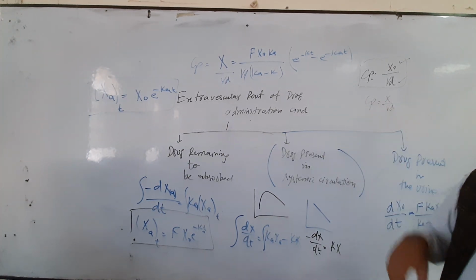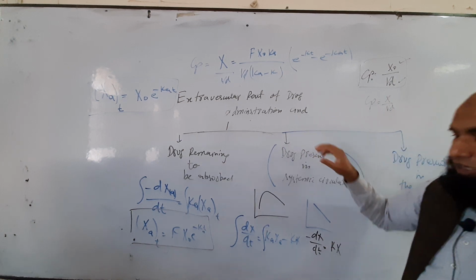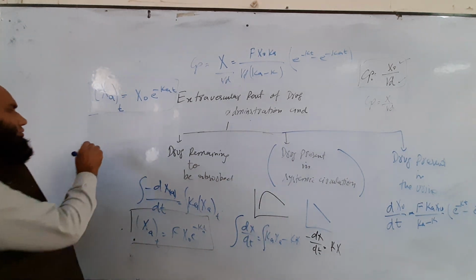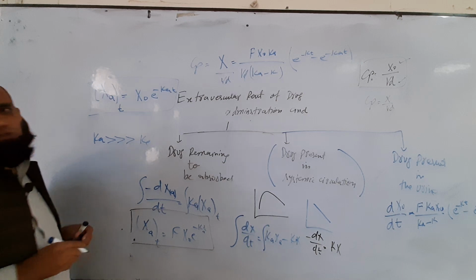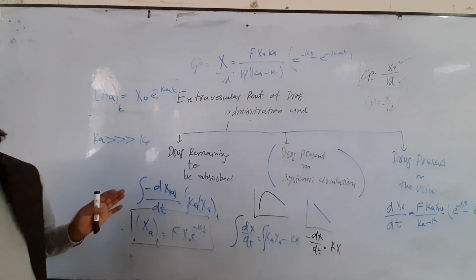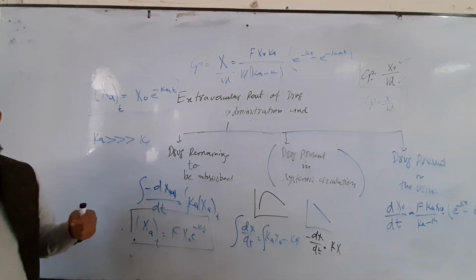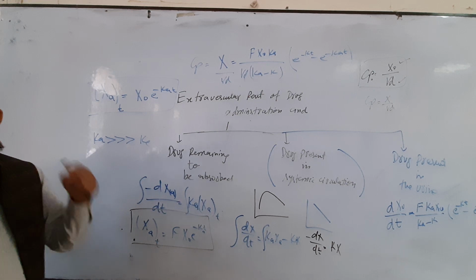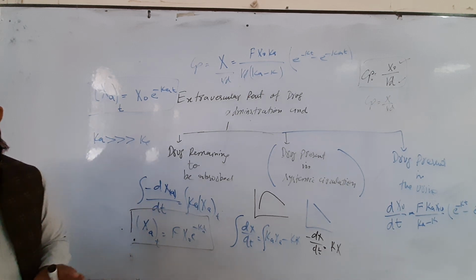Okay, there is another way. When we start with this experiment, we assume that this Ka is greater than the Ke in the start. We are just assuming that the drug is coming to our GI tract, it is getting disintegrated, dissolving, making a solution. Till now, there is no elimination rate constant.